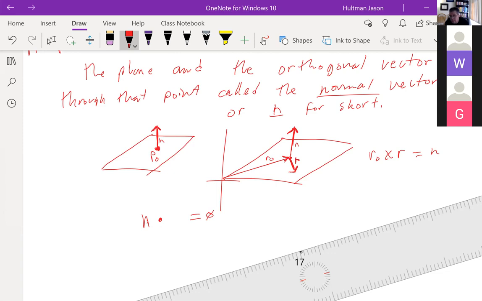Now I'm going to choose a specific vector on the plane. What is this vector here?